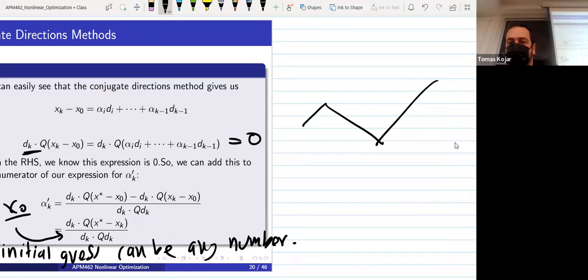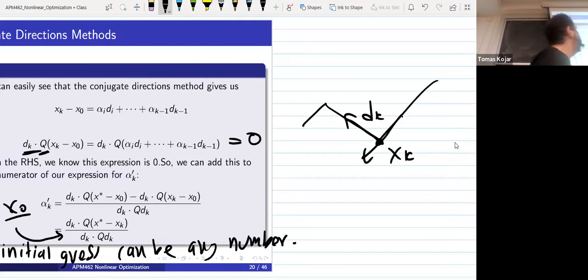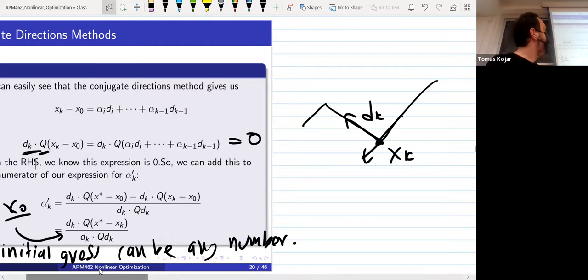So suppose this is XK, this would be a DK, okay? But this is not 90 degrees. We mean orthogonal in the Q, okay? So it's a little bit hard to visualize because Q is so generic, but that's the main idea. And I'll come back to this because this is the heart of the method.